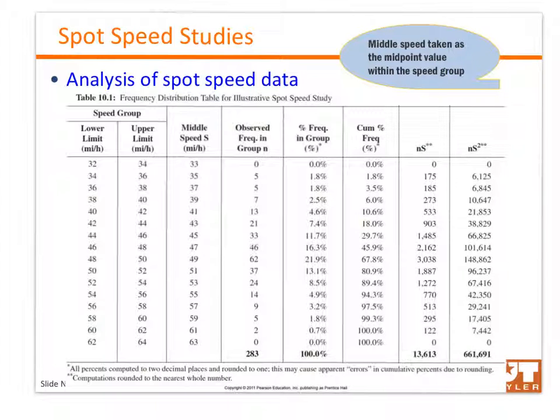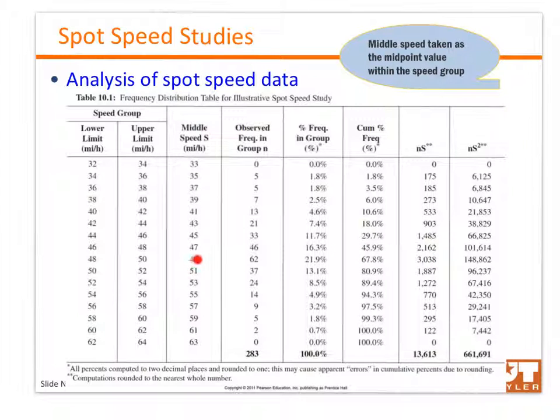Next, in this column here, we are doing n times s. What is n times s? It's the speed times the observed frequency in that group. So for example, 33 times 0, that's 0. 35 times 5, that's 175, all the way to the highest range, like what we saw here.